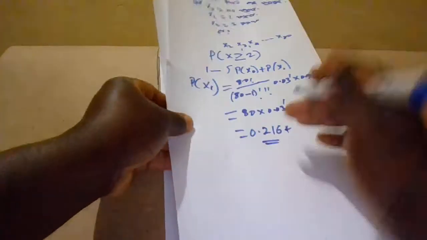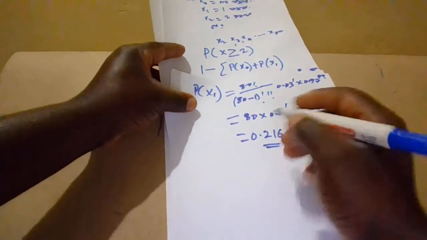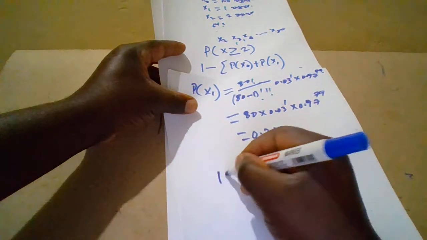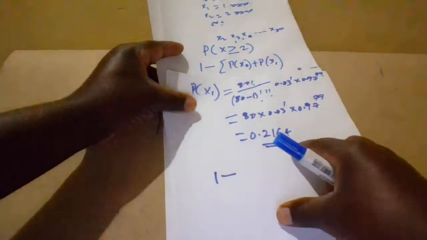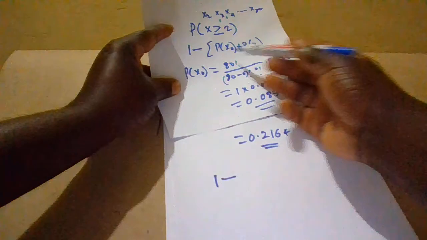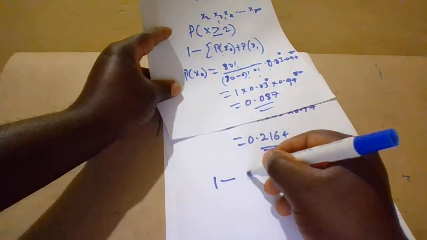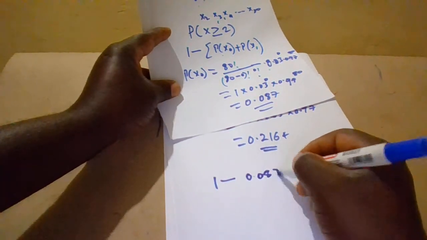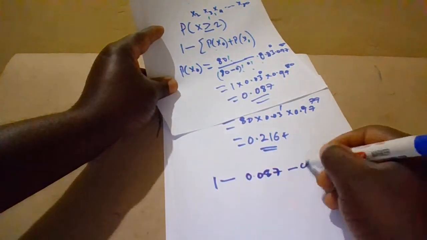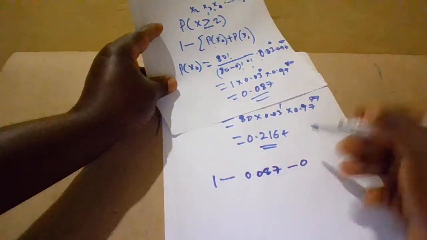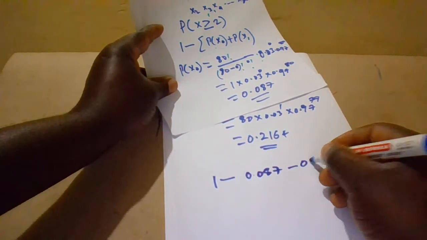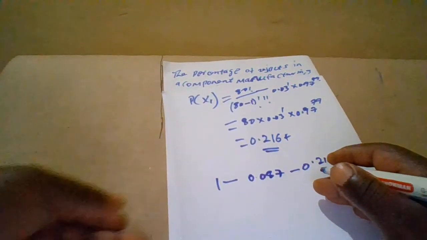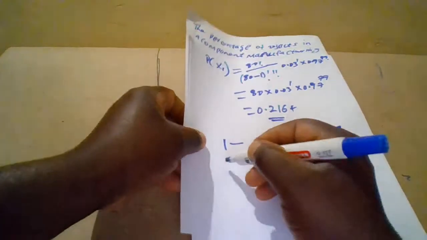Therefore, the probability that at least 2 are rejected will be 1 minus the probability of x0, which is 0.087, minus the probability of x1, which is 0.2164.